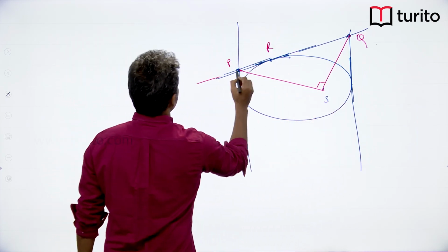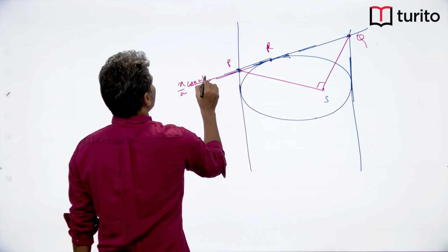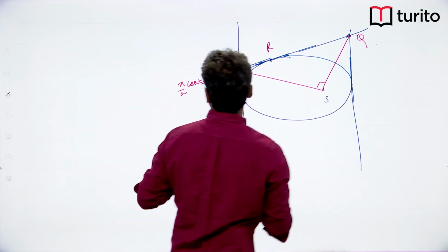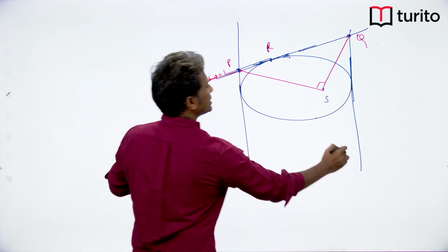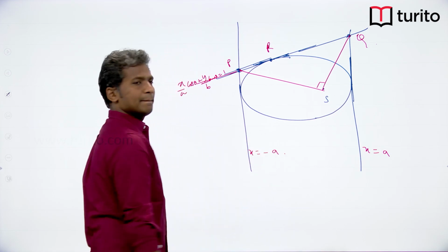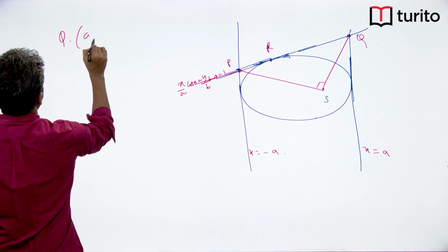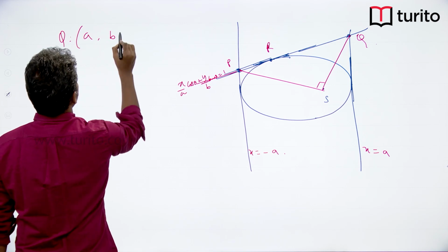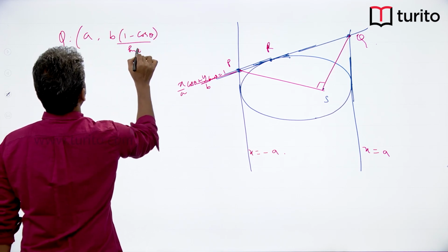The equation of the tangent here is x by a cos theta plus y by b sin theta is equal to 1. If I put x equal to a here, because on this line x is always equal to a, and on this line x is always equal to -a, I will get the point Q as a comma, and when I put a here, I will get y as b into 1 minus cos theta by sin theta.